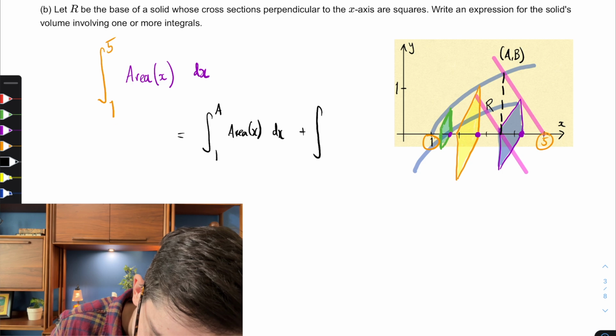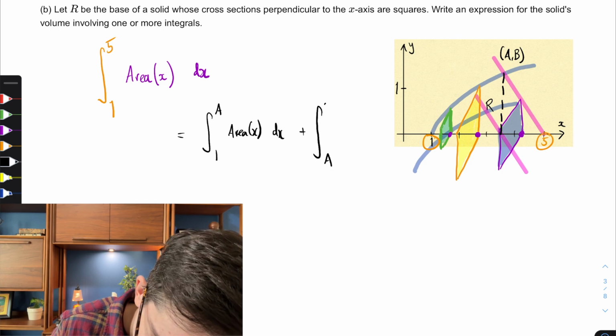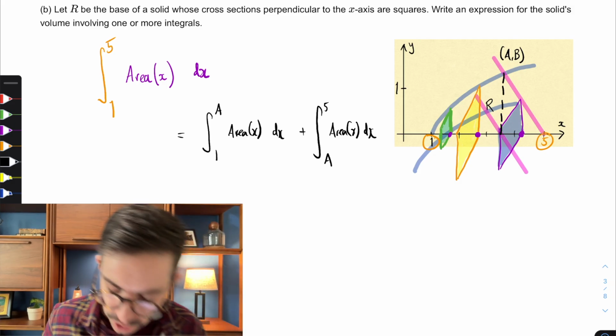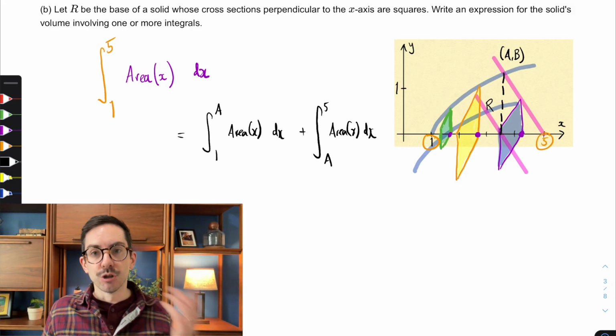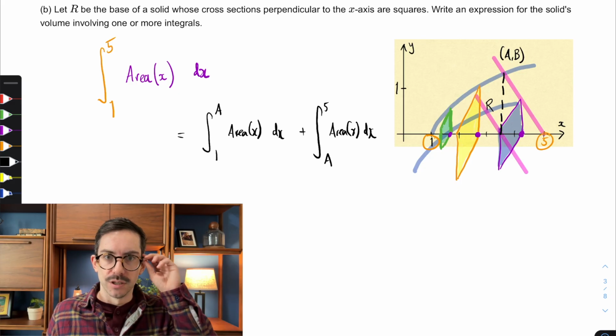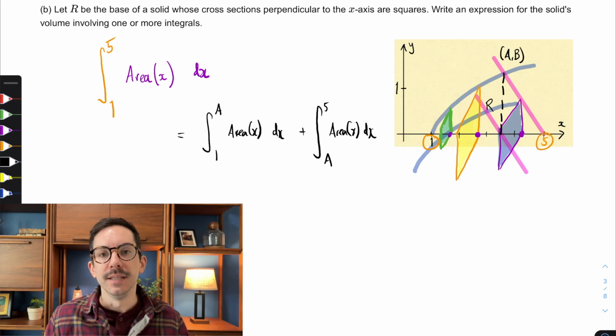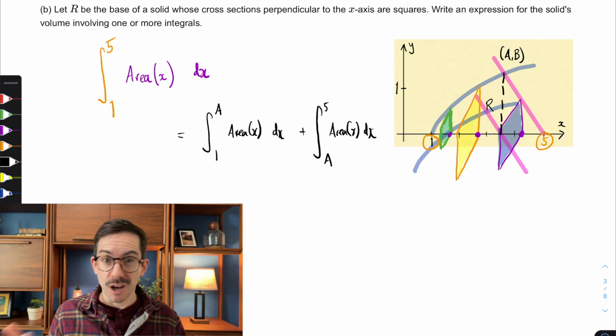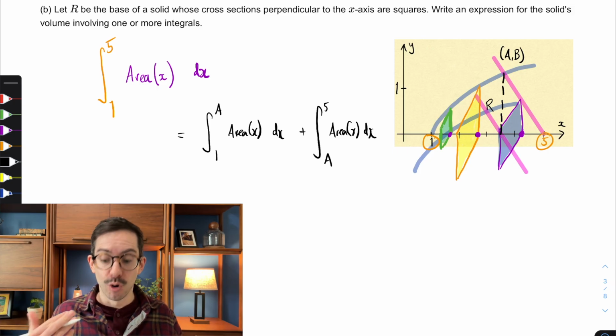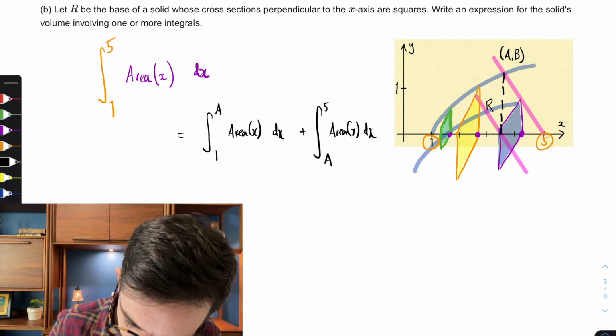And then I'm going to integrate from A up to 5, and again take the area of the cross section. Now, the really nice thing is these cross sections are just squares. So if I know the side length of one of those squares, I'll just square it to get the area of the cross section.